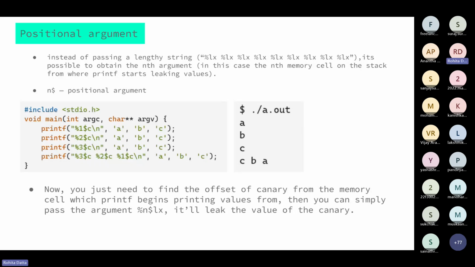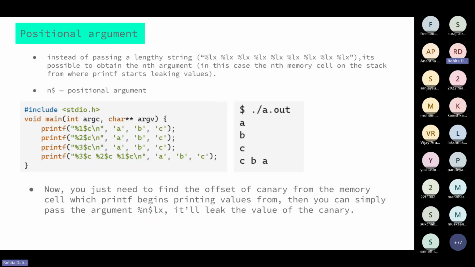Suppose for some reason the string that the user is allowed to input is being taken by some function like read. That counts the number of characters the user is inputting, and if it exceeds the limit, it just doesn't store those onto the stack.